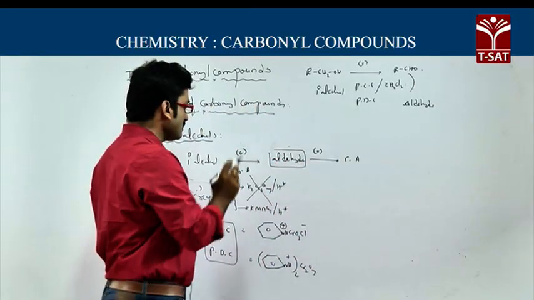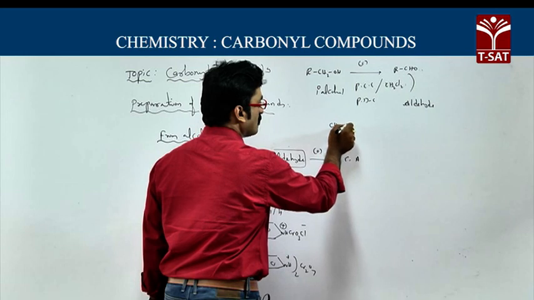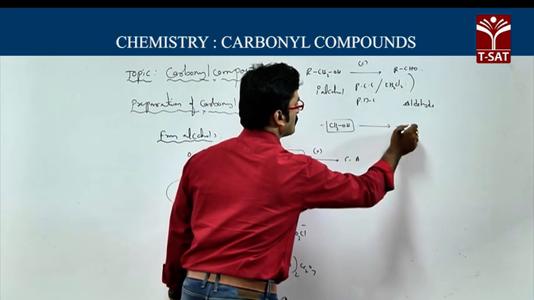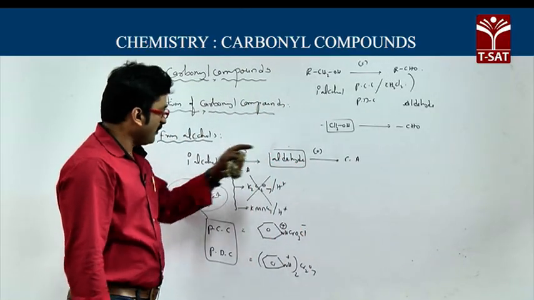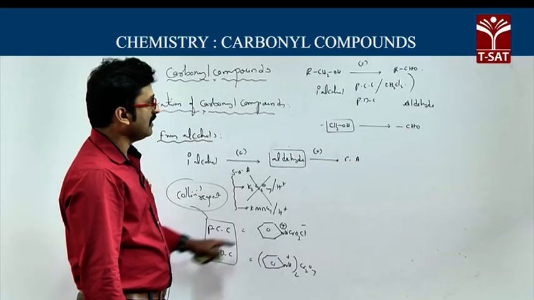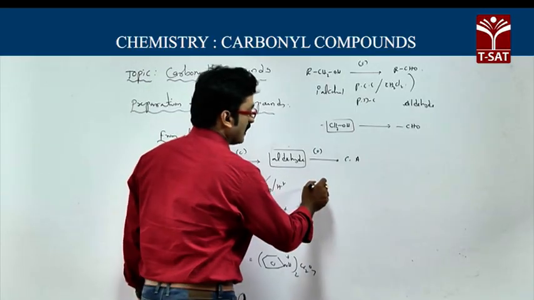In this process, the CH2OH group is converting into CHO. Very simple. Therefore, aldehydes can be prepared from primary alcohols by using PCC, PDC in the presence of CH2Cl2 solvent.